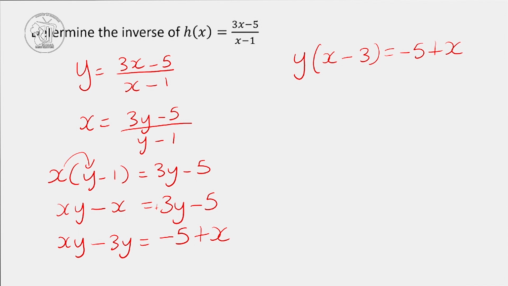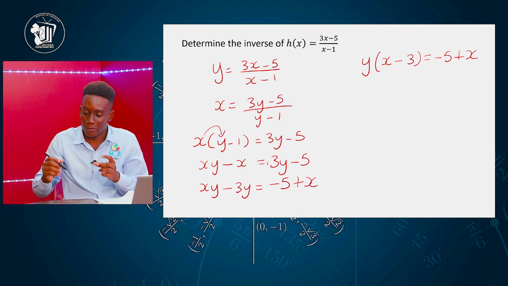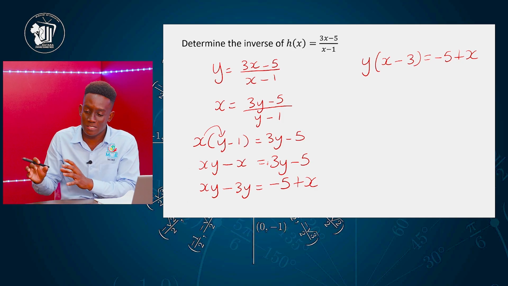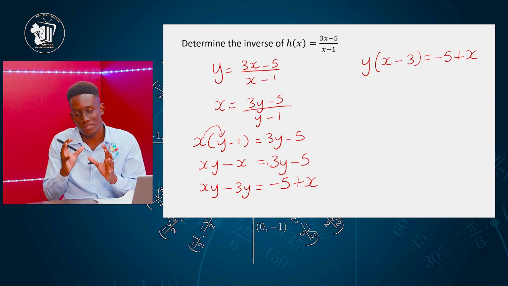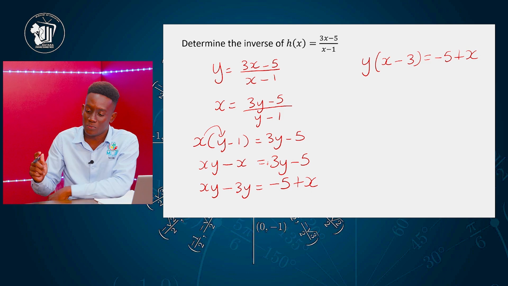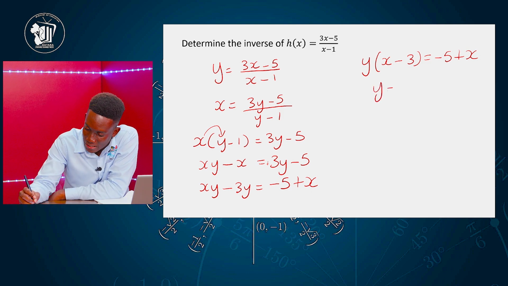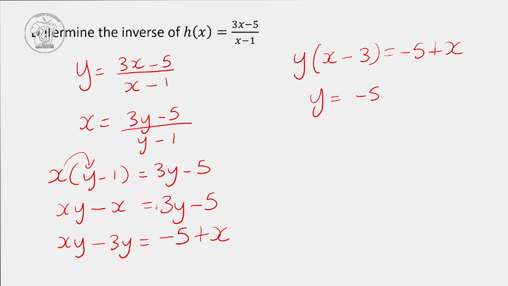So we have y multiplied by x minus 3. Of course we want to make y the subject, so we take over the x minus 3. Since the x minus 3 is multiplying, when we take it over, it will divide. So we'll have y is equal to negative 5 plus x, all divided by x minus 3.